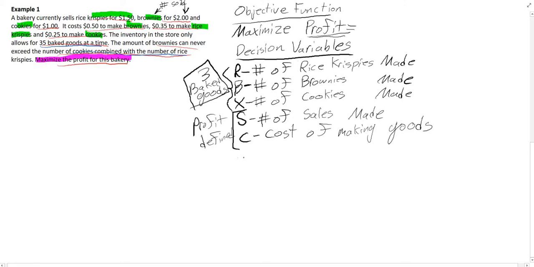The final step in this example is to create the constraint, or the constraints, plural.